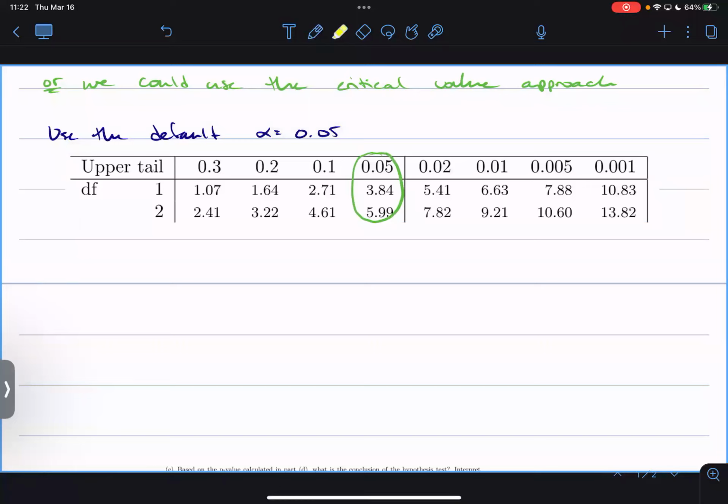Then that's going to tell me what chi-squared has to be bigger than in order for me to reject H naught. And so here at 2 degrees of freedom, still, the chi-squared critical is 5.99.